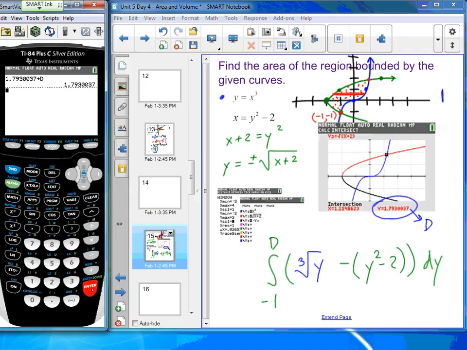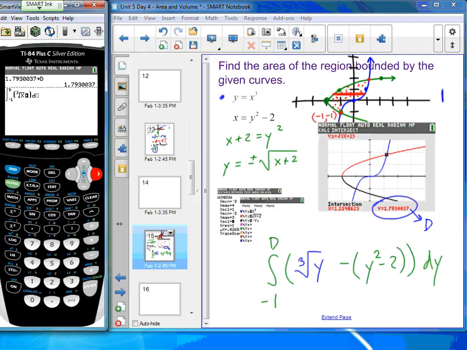All right, so here we go. Math 9. We're going to integrate from -1 to alpha D of right curve was cube root of y, so we'll do cube root of x. Math 4 shortcut. It's little things.